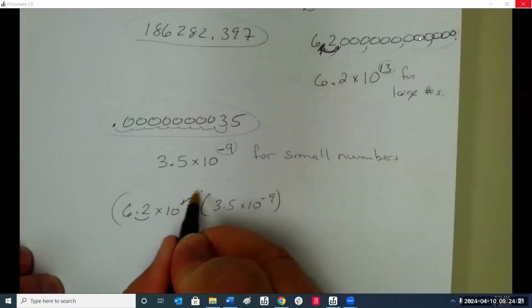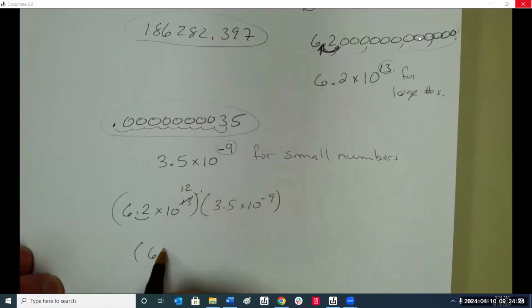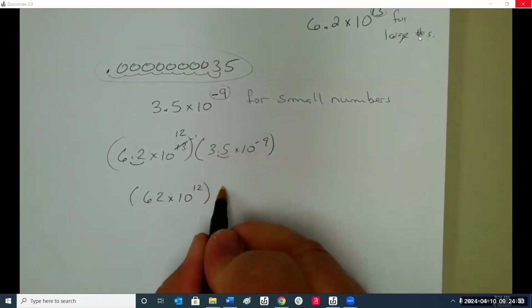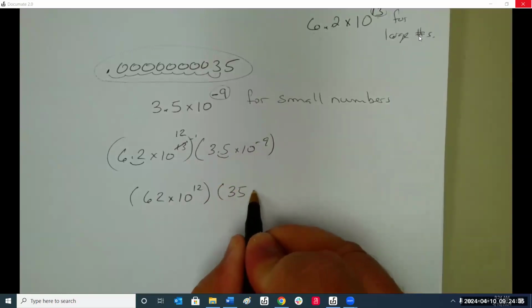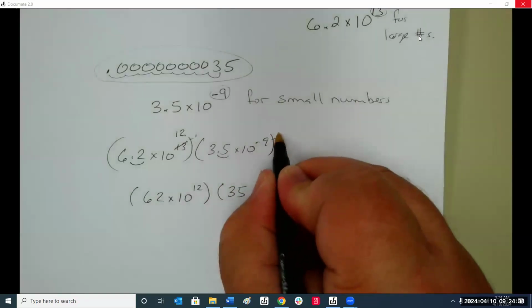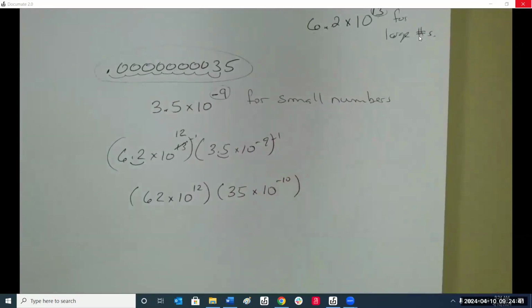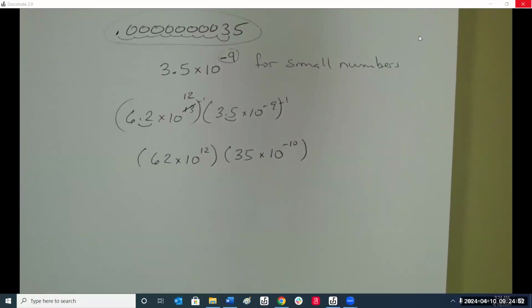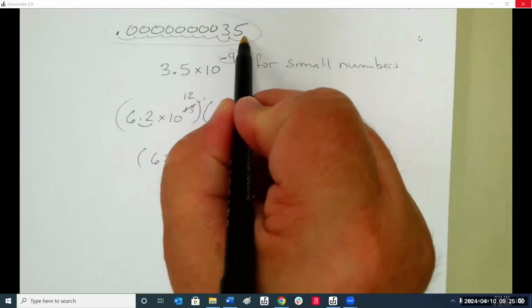We subtract 1, so we only get 12. So 62 times 10 to the 12th. Likewise with this one, we have 35 times 10 to the negative 10th. Whenever you move a decimal to the right, you subtract 1 from the exponent, because instead of stopping at 9, we have to go one more. It's 10.